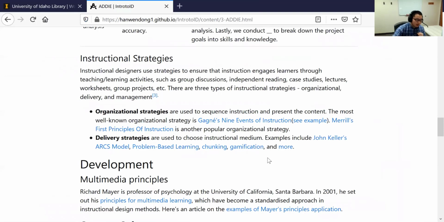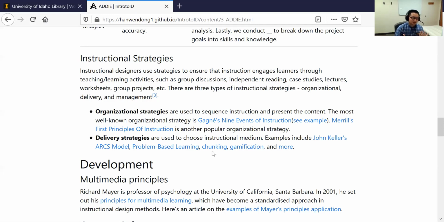Problem-based learning is learning using some real authentic problems that have application outside of the classroom. We have chunking, which is a very popular method when we are creating anything that is going to be online.